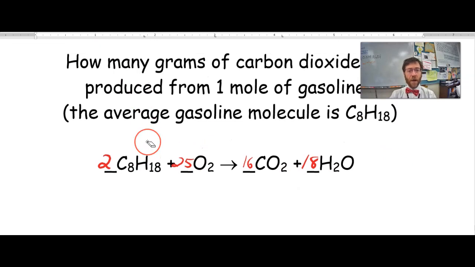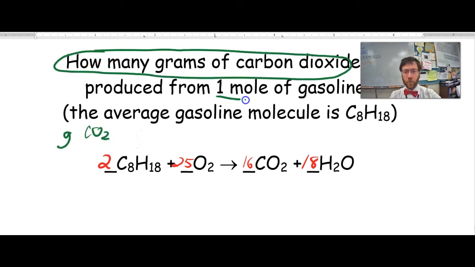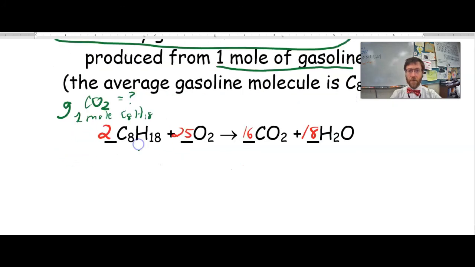So we want to know how many grams of carbon dioxide are produced from 1 mole of gasoline. All right, I think I know how to do this. I'm going to write what I start with here, 1 mole of gasoline, right? And then I'm going to do my lines of pain.